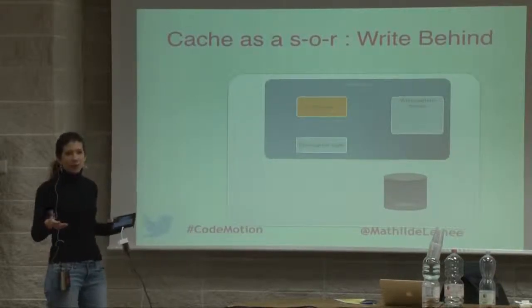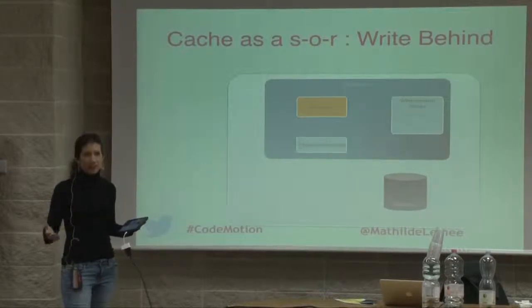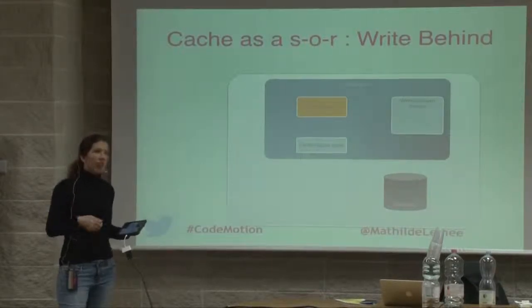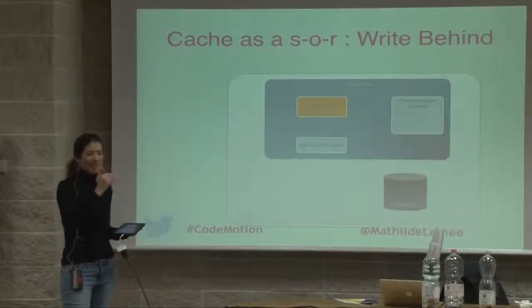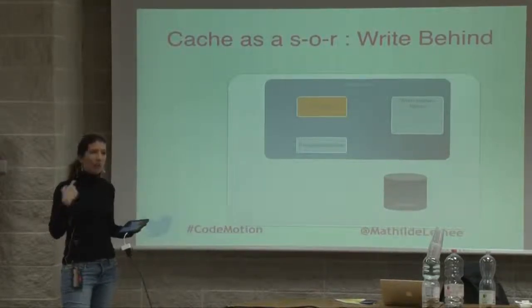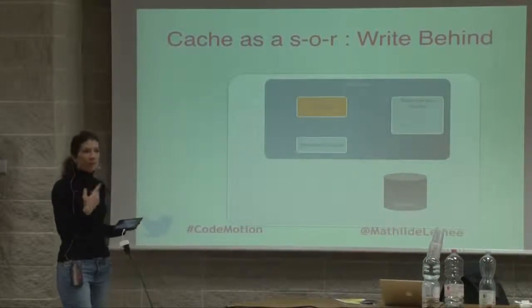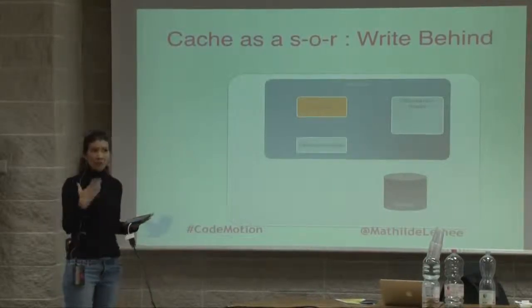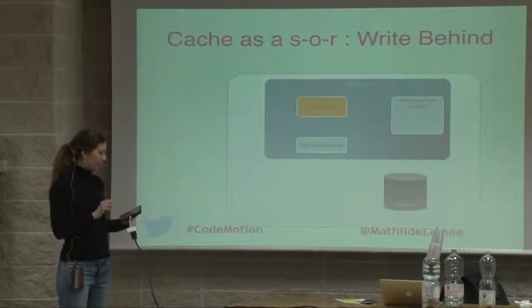And I guess we all know that it will be faster, and the database will prefer it. Databases usually work better when we give them big requests than smaller ones. And you avoid dealing with the database each time you get a modify, create or update on your cache.